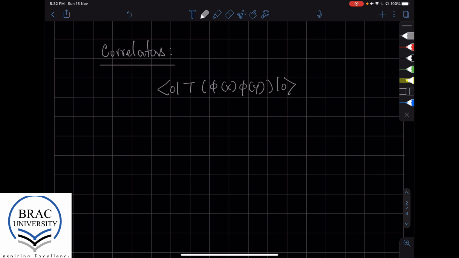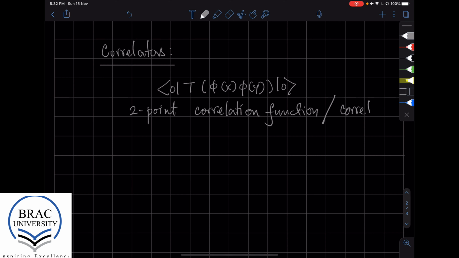So this is an example of a two-point function or a two-point correlation function, also known as a correlator.